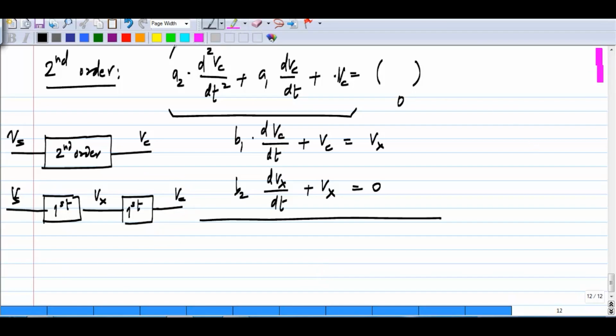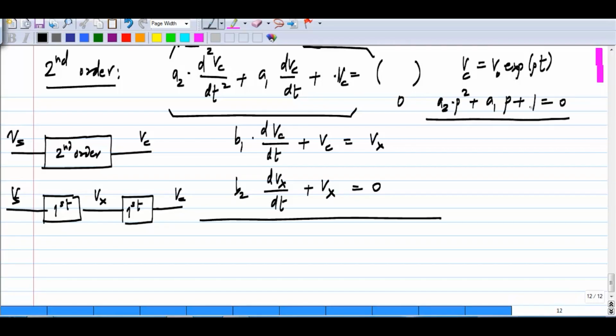So the characteristic equation here, if you assume a solution of the type Vc is some V0 exponential pt, would be a2 times p square plus a1 times p plus 1 is 0. Every derivative term will have a p, and the nth order derivative will have p to the n.